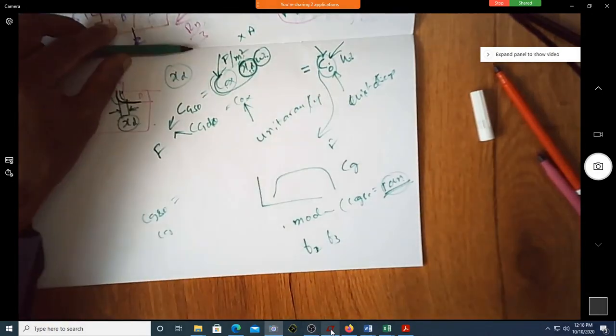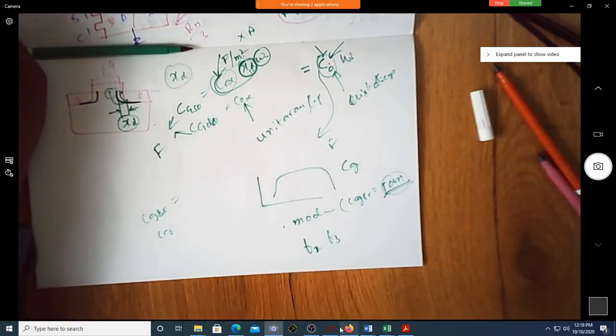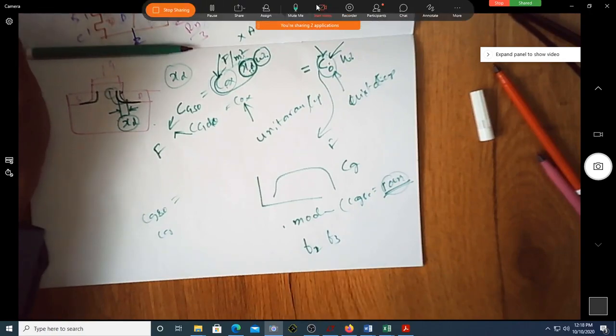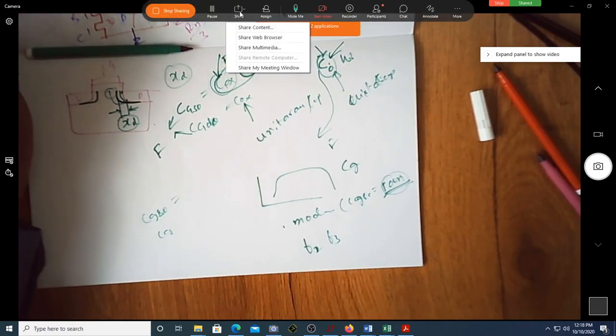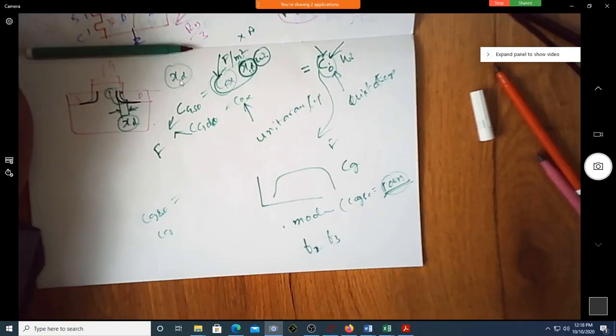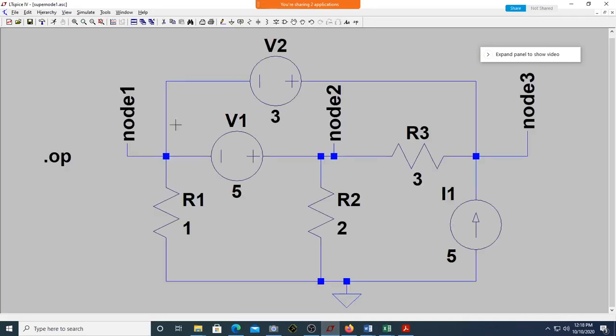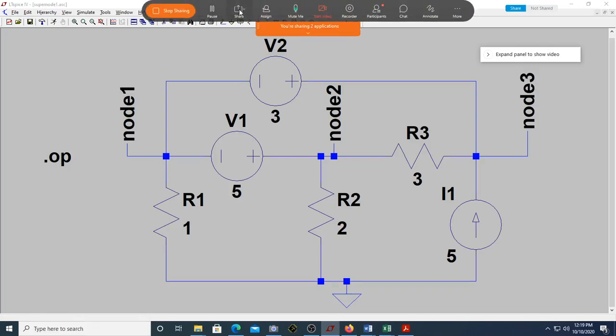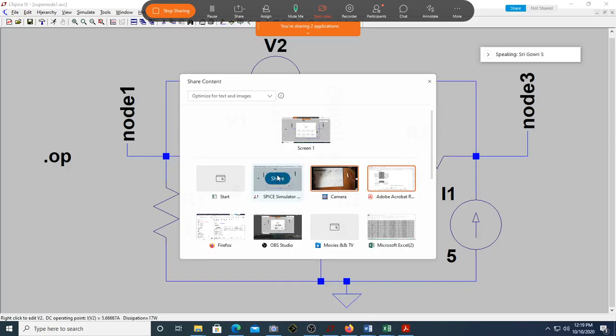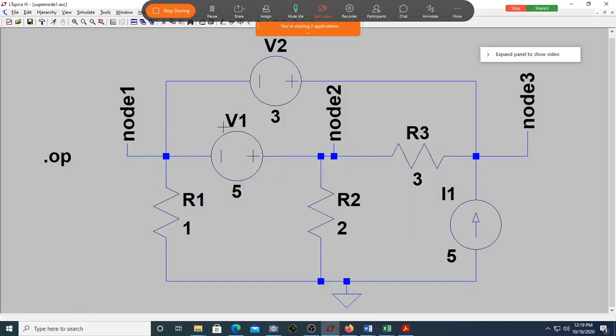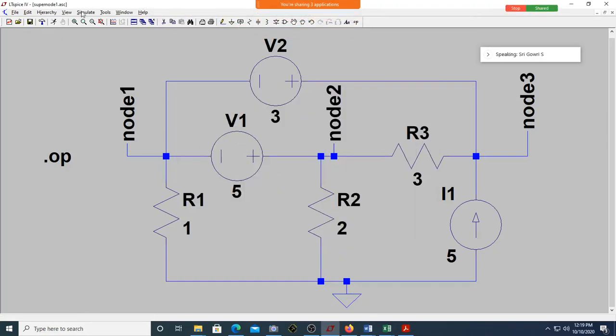Let me show you this in LTspice so that you can understand it. Let me open that and show you the unit. How do I share it? Share the content. LTspice is here. Can you see it?